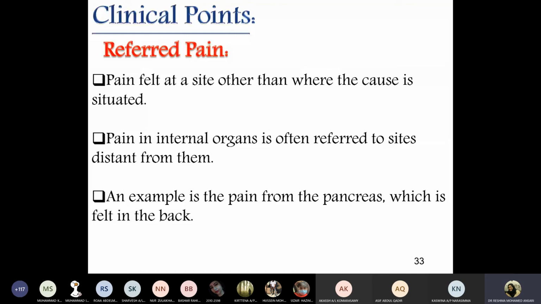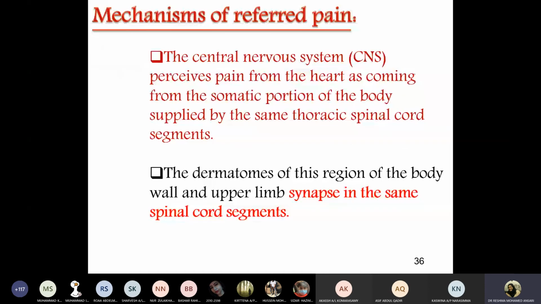Why does a patient have a referred pain? Let me just give you the mechanism first. Usually the mechanism is that the spinal cord or the nervous system will perceive the pain as coming from the body wall of the same thoracic spinal cord segment. For example, the person is having a heart attack.